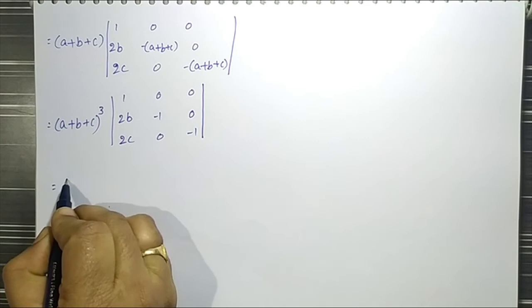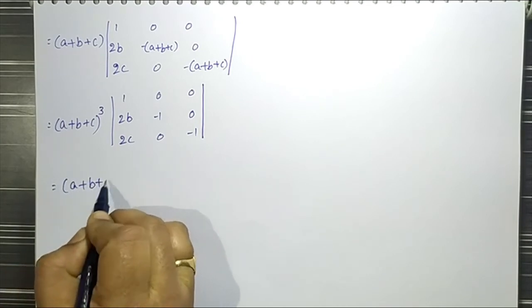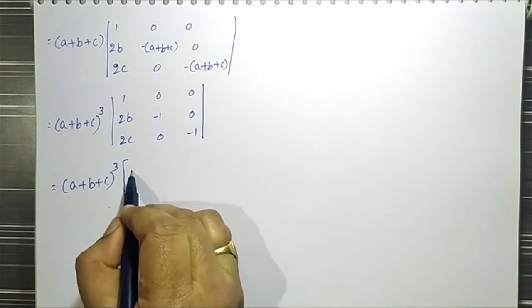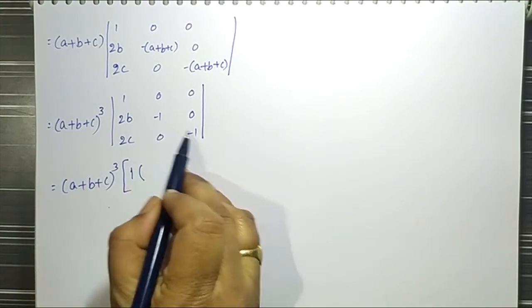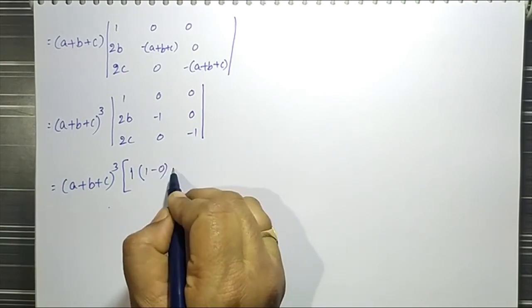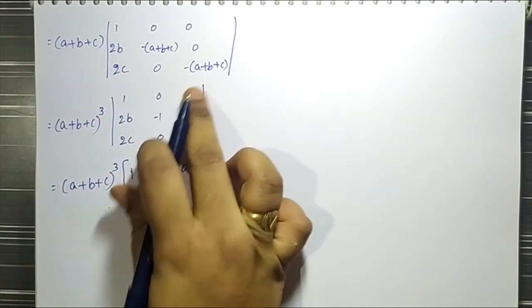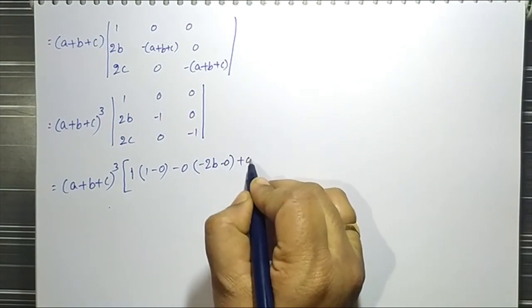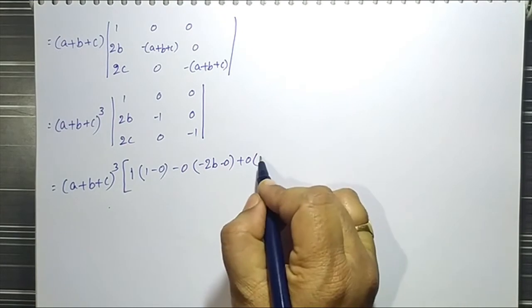Then that is equal to a plus b plus c whole cube into, splitting the determinant value, 1 into minus 1 into minus 1 minus 0, minus 0 into minus 2b minus 0, plus 0 into 0 plus 2c.